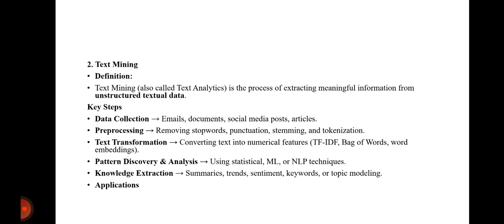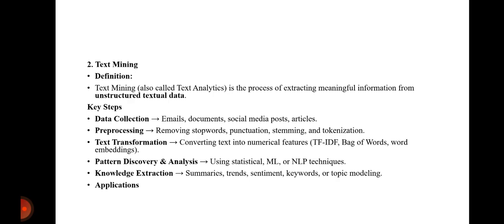The sources are emails, documents, social media posts, and articles. From all these sources, the data is collected, and removing punctuation, stemming, and tokenization are performed on the data which is going to be processed.